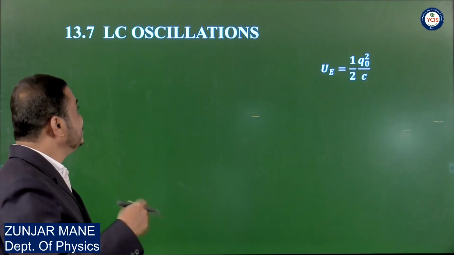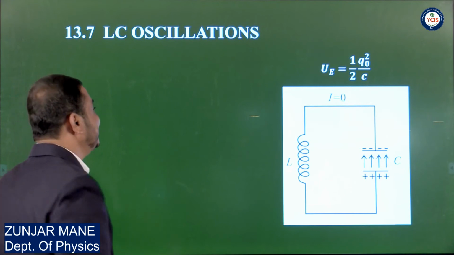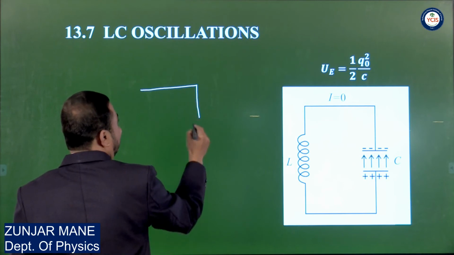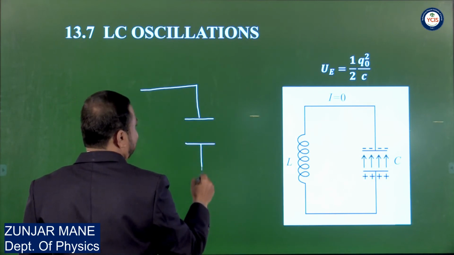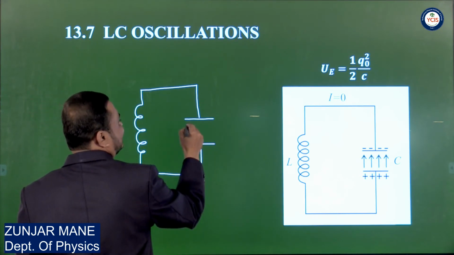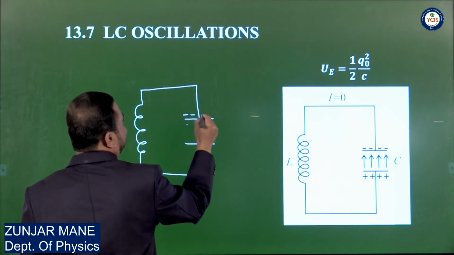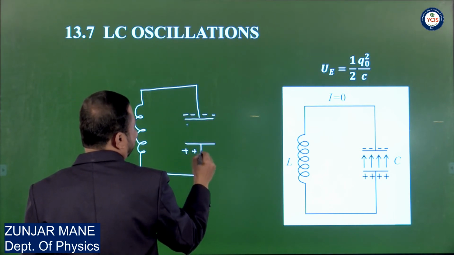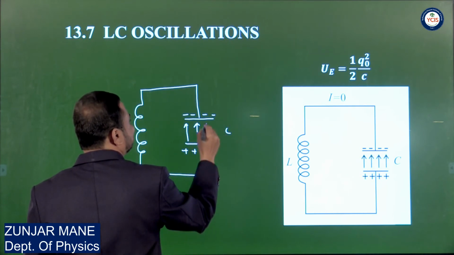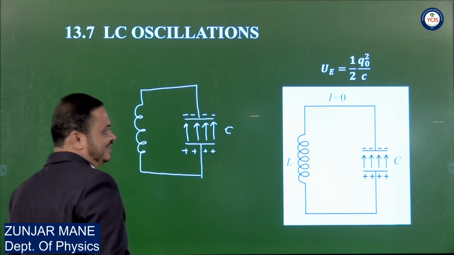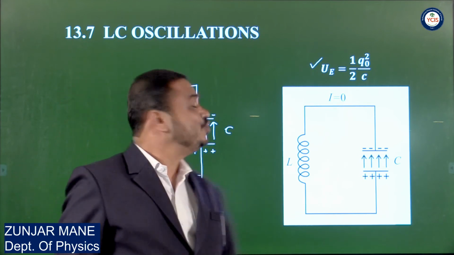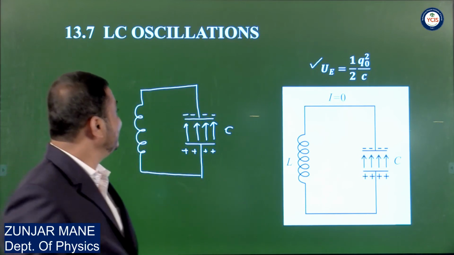This process goes on continuously till the capacitor is fully charged, with the same magnitude of charge as at the initial stage, but now the polarity of the plates changes. Suppose Q0 is the charge stored in the capacitor C, then the electrostatic potential energy is U_E equal to half Q0 squared by C.